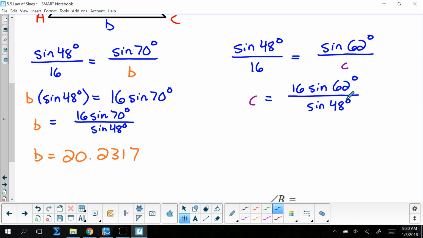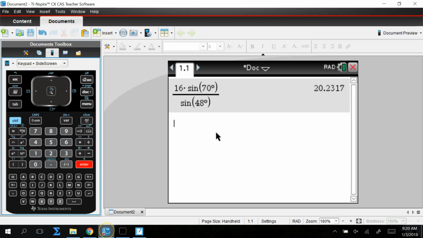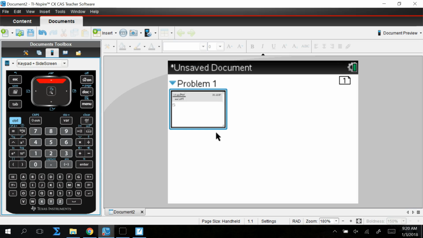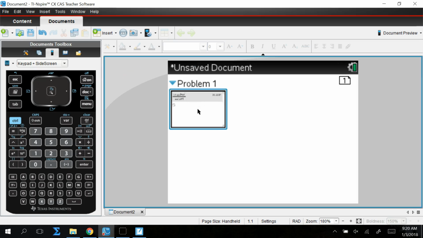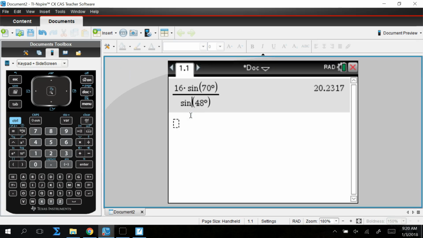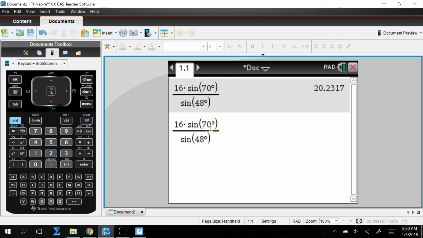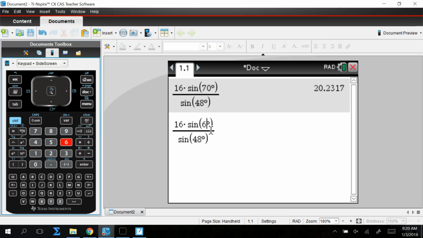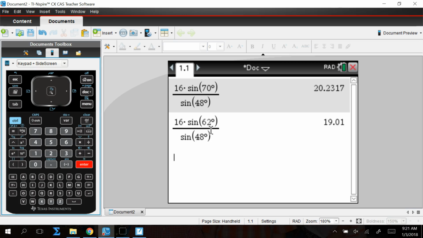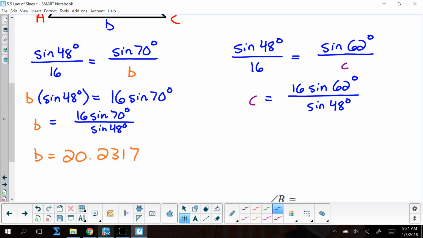Which is nice if you're using a graphing calculator, because you can just change this to 62 and get 19.01.